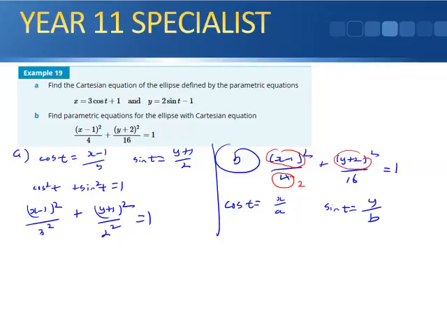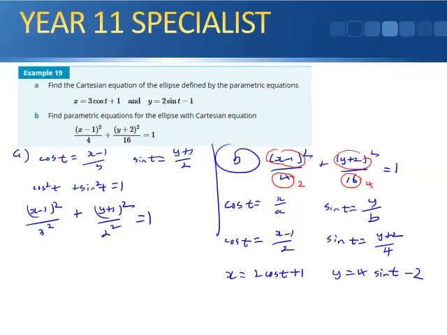There's my y. And b is the square root of this number, which is 4. So I get cos t equals (x minus 1) divided by 2, sin t equals (y plus 2) divided by 4. Again, rearranging to make x the subject, x equals 2 cos t plus 1, and here y equals 4 sin t minus 2.